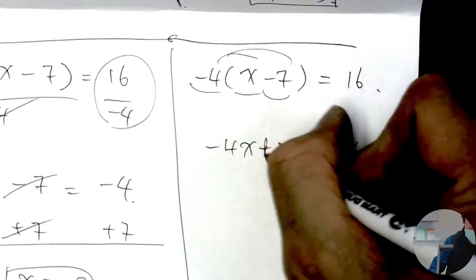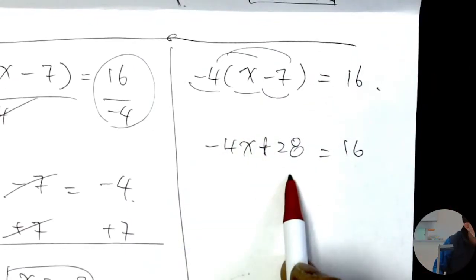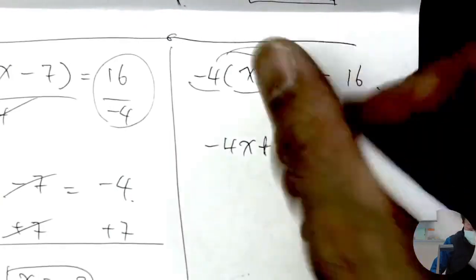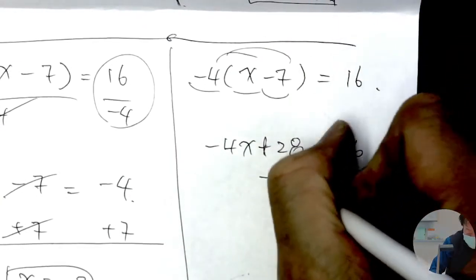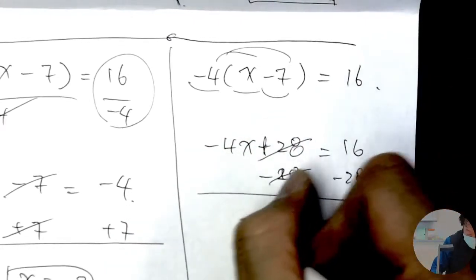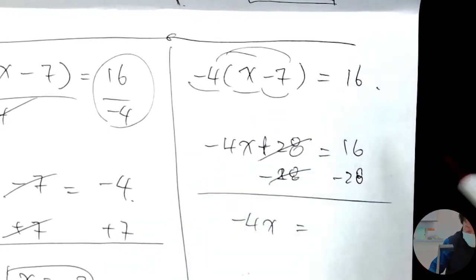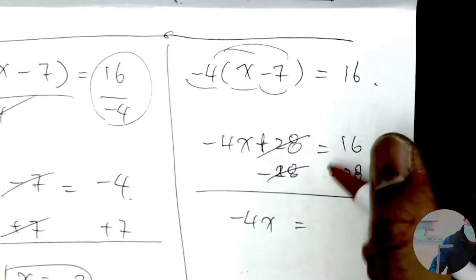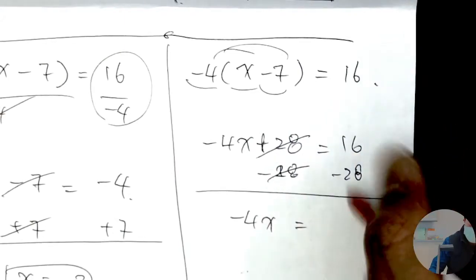All right, so now I have two terms. Get rid of the term, correct? Not the coefficient. Never the coefficient first. Get rid of the term. Minus 28, minus 28. The 28s are gone. Negative 4x equals to, what is this? 28, negative what?